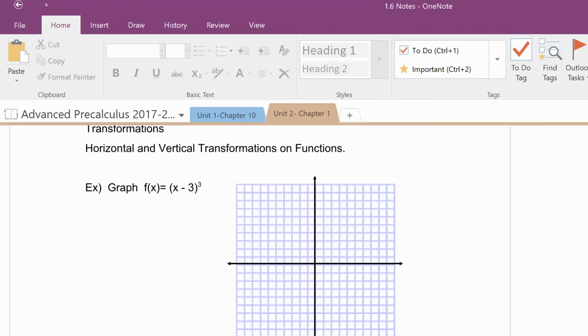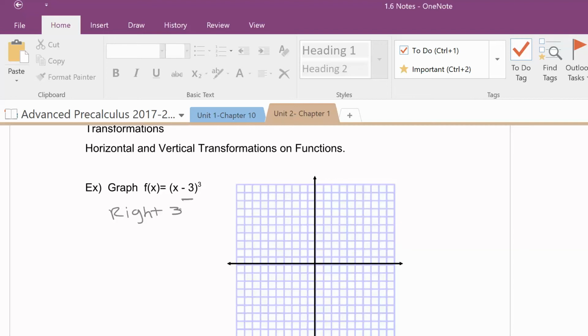So here, notice we're subtracting 3, which means, if you look at what number would make this equal to 0, it would be positive 3. So that means we're going to go to the right 3.